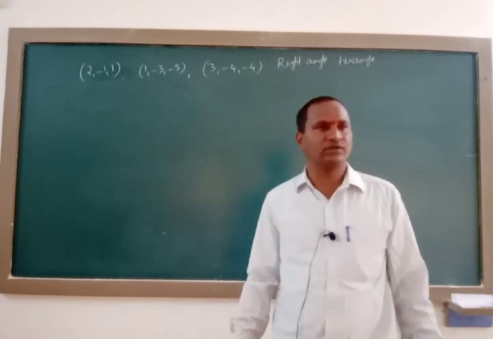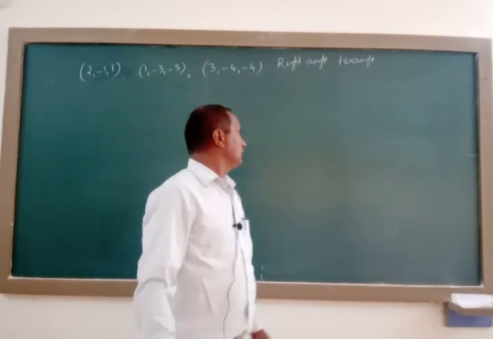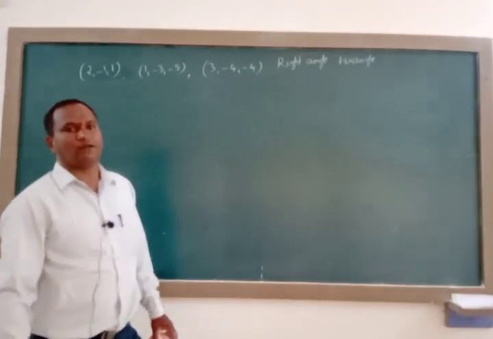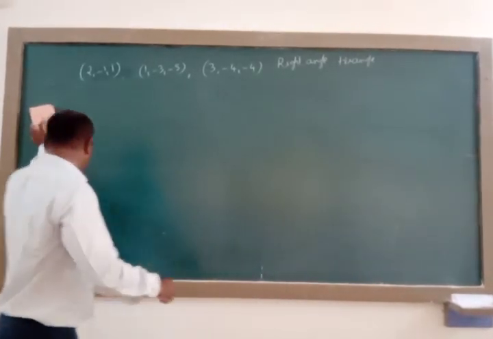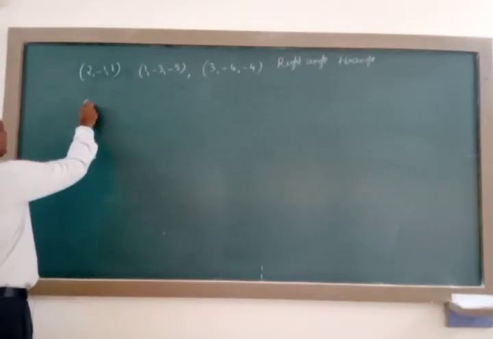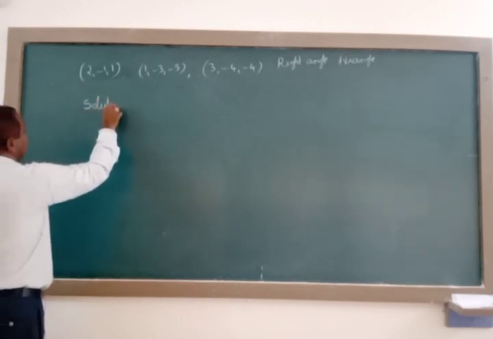In that way also we can solve this question. First we'll solve this question in the easiest way, the method of Pythagoras theorem. First solution: let us consider the position vectors of the given 3 points.